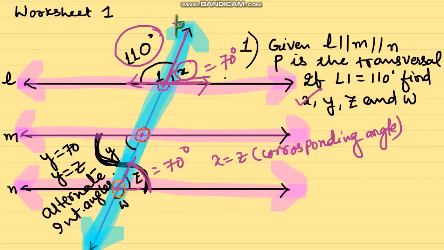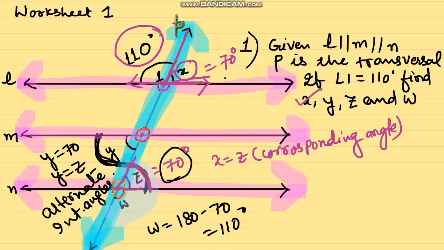Now see children, connect between Z and W. What about Z and W? See, Z and W are forming linear pair again. So, Z is equal to 70. So, W will be equal to 180 minus 70, that is equal to 110 degrees.